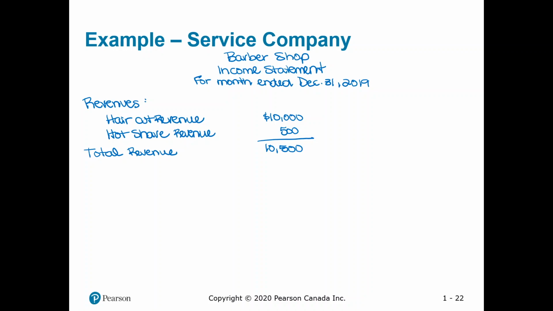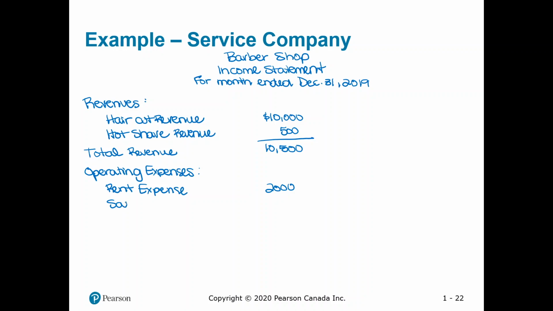From there, we will note our expenses. So I'm going to call these operating expenses because they're the expenses related to the operations. And you'll see in a minute why I'm specifying operating expenses here. Okay, can any of you think of expenses that would come with running a barbershop? Right, rent would be one. They're going to rent the space. Rent expense is $2,000.